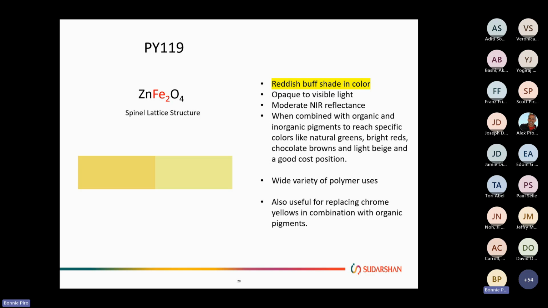This allows you to get to more natural greens and brighter reds and chocolate browns with good hiding and a good cost position. So consider this as an area to get to those. Again, I call them natural colors, but it's a good combination.